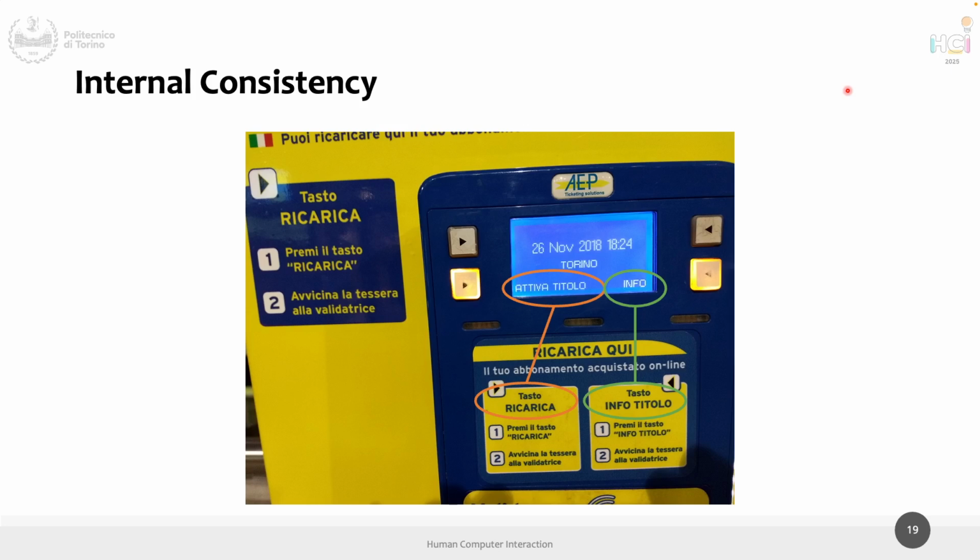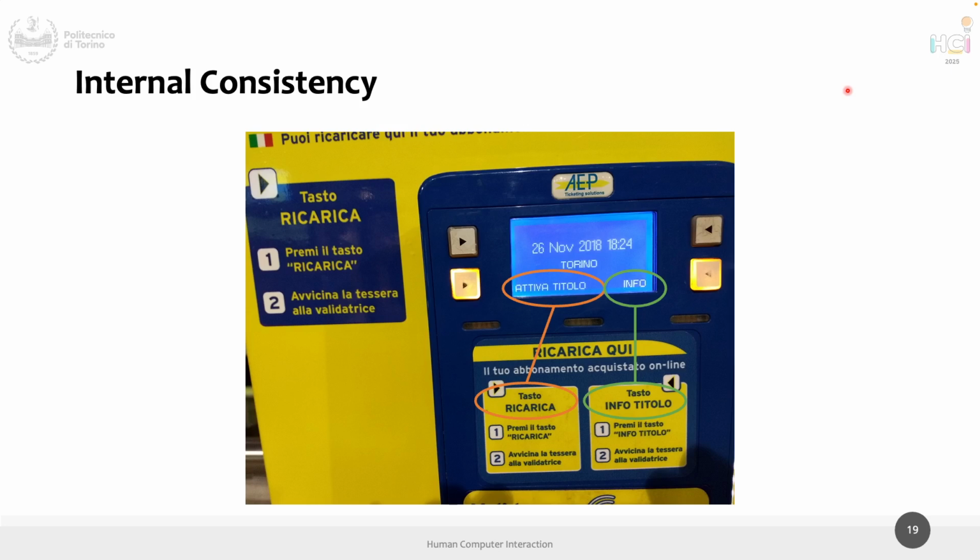And here there is an example of internal consistency. I'm sorry for the ones that are not speaking Italian, I will describe this. What is this? The GTT machine to activate and recharge your ticket, your monthly subscription, whatever.